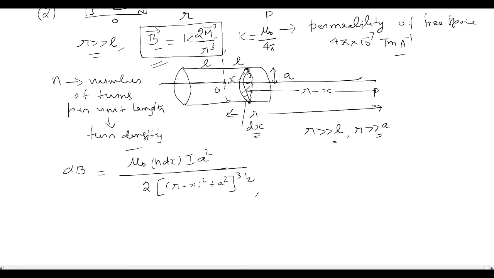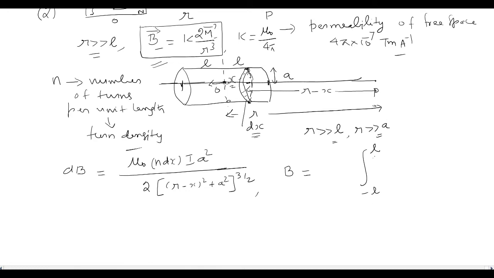Therefore, how will you find the total magnetic field? You will have to integrate from minus L to plus L, because here x can vary from minus L to plus L. This being the origin, any distance on this side you take as minus. So minus L to plus L, that is the limit.